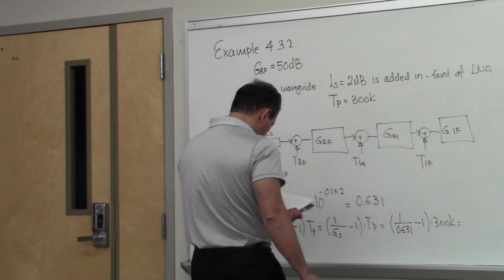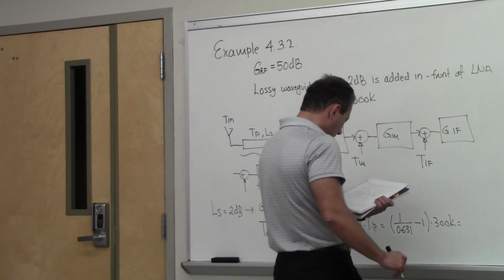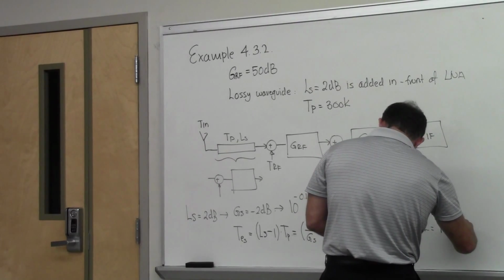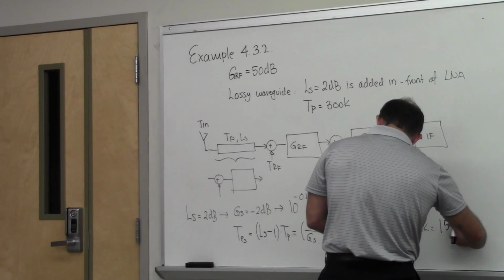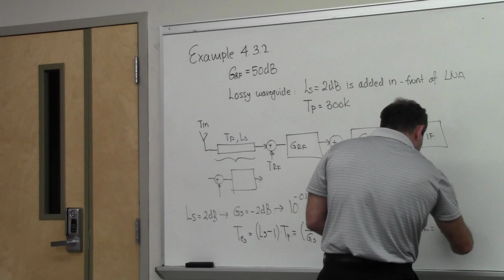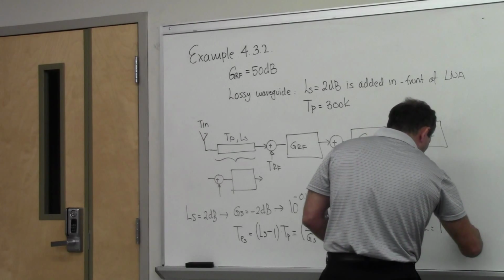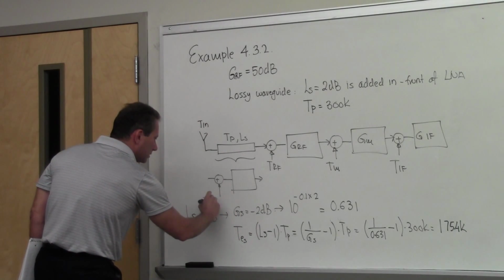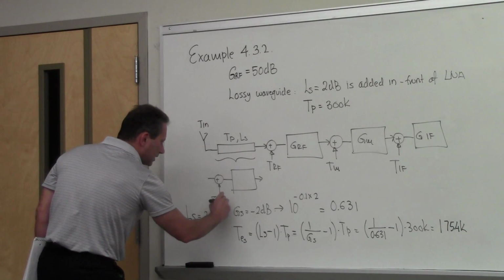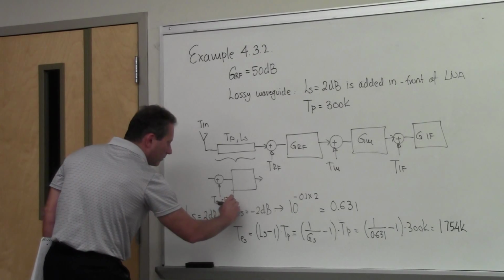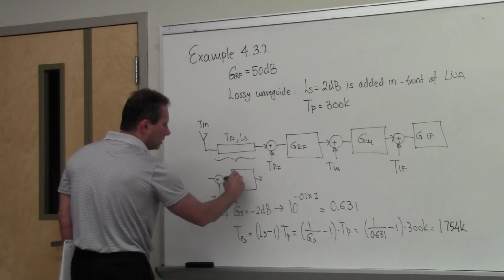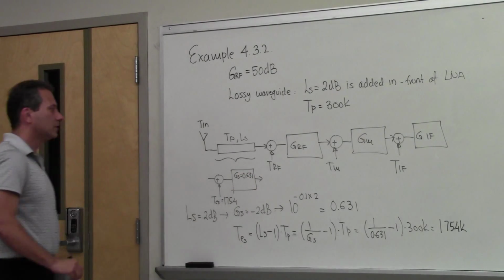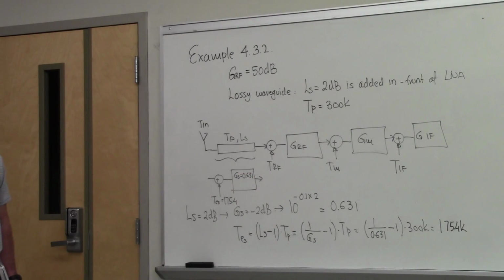And this gives me 175.4. So now this becomes TES, which is 175.4, and this becomes the gain, which is 0.63. And then from that point, the calculation is the same.